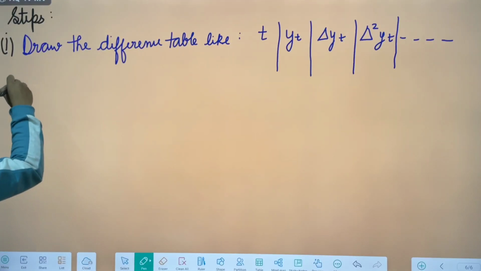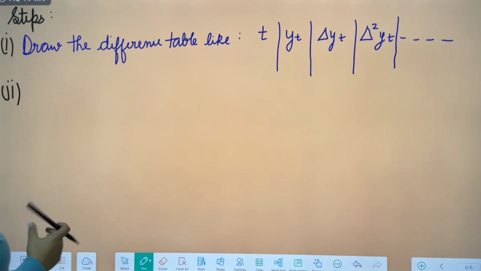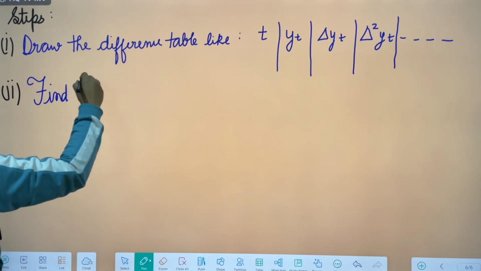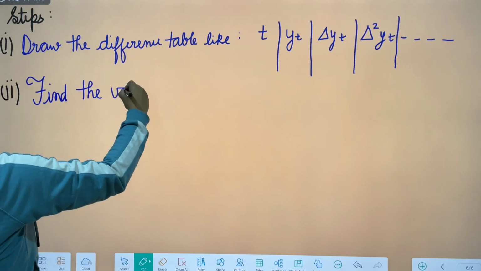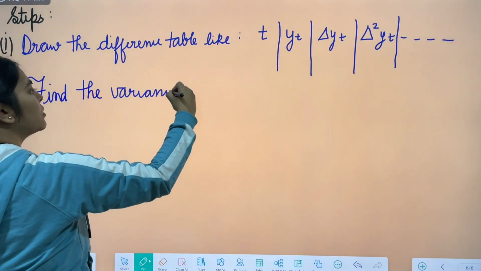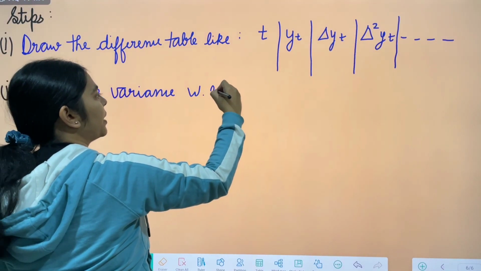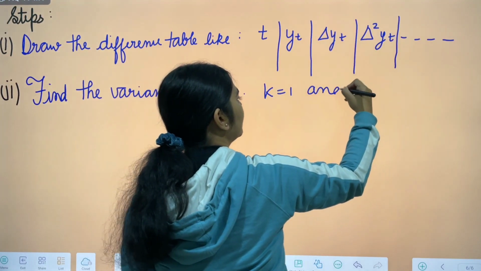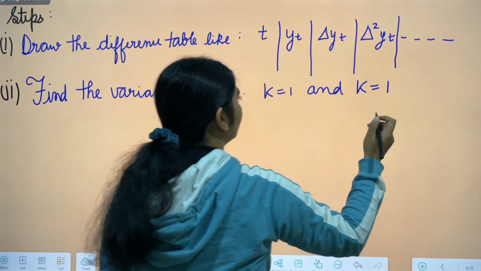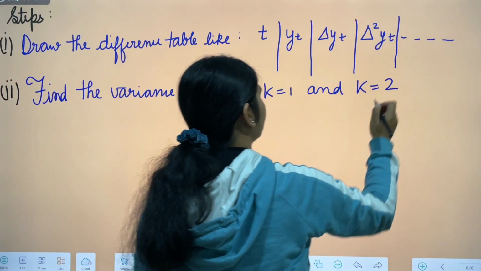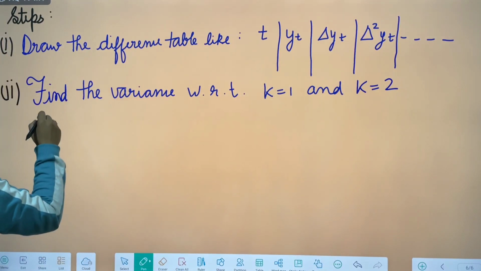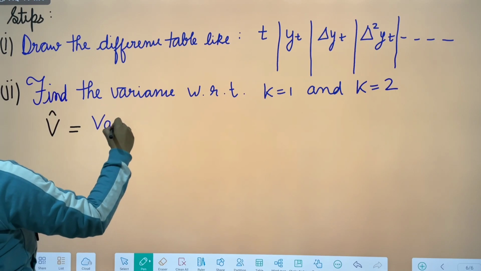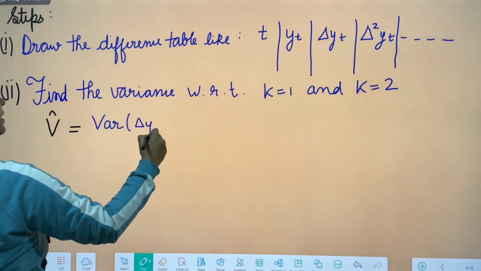Then the second step would be that we have to find the variances with respect to k equals 1 and k equals 2. If k equals 1, then v1 cap would be the variance of Δy_t upon 2C1.